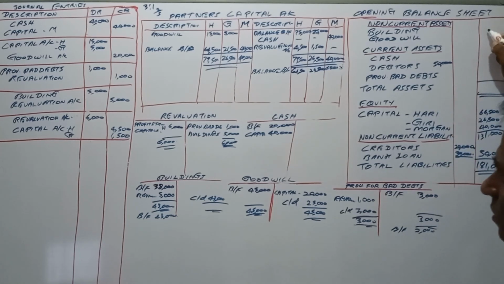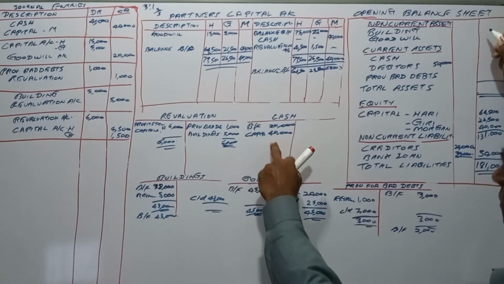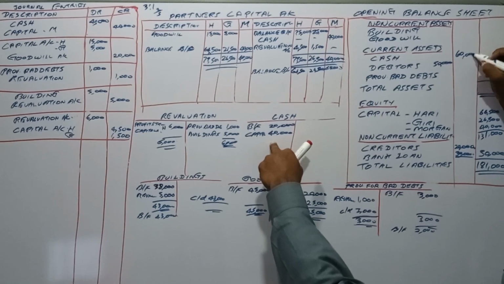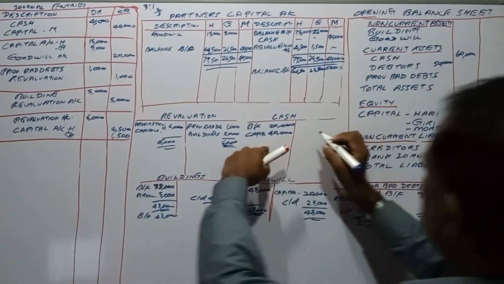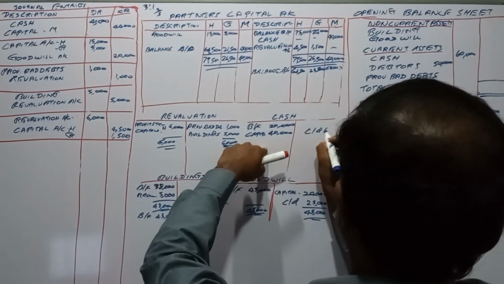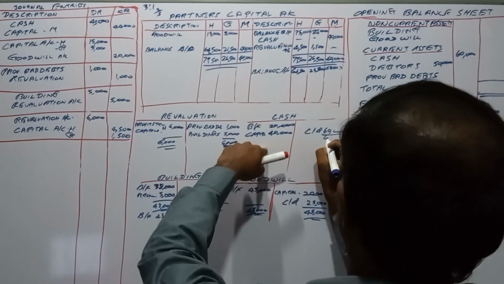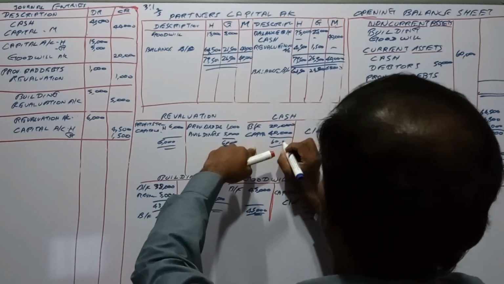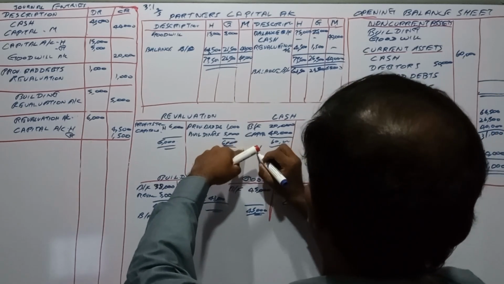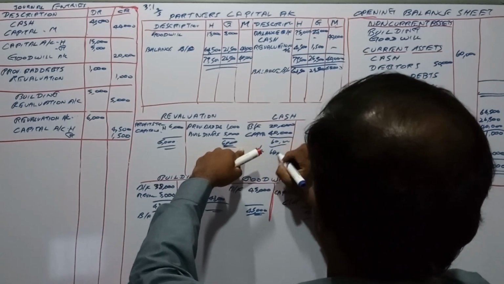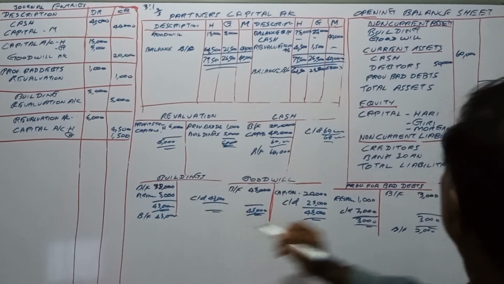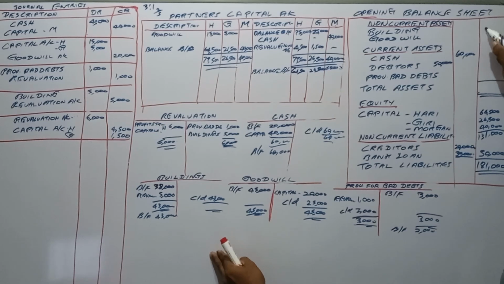Cash 60,000, carried down 60,000. Buildings 43,000.